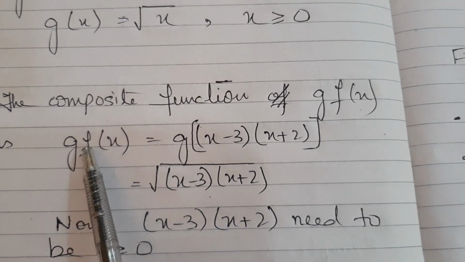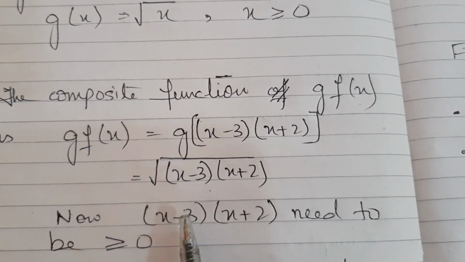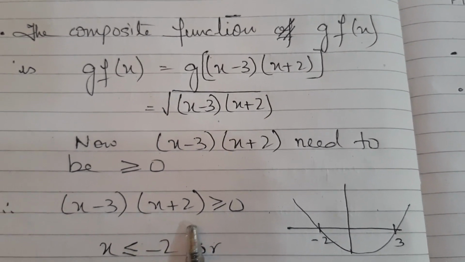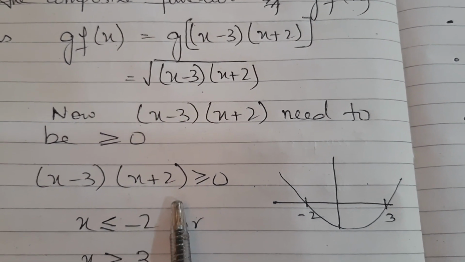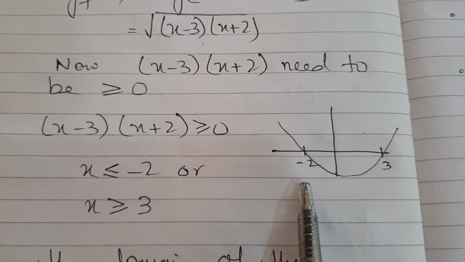Because the output of function f is the input of function g, right? So that's why I need to put this greater than or equal to 0. And here my previous knowledge of quadratic inequality will play a role in it.